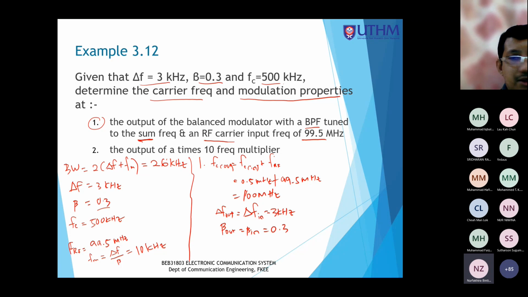FM out is equal to FM in, which is 10 kilohertz.